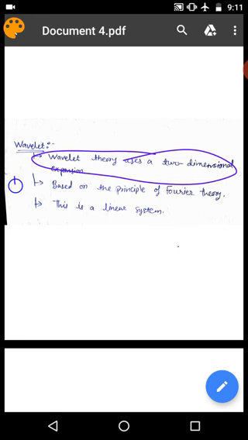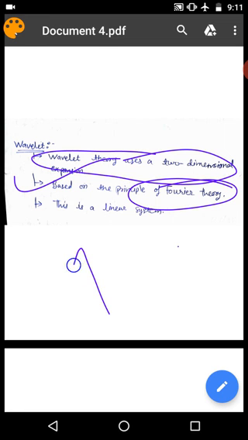It is based on the same principle as Fourier theory. The wavelet transform calculates the inner product of a signal with a set of basis functions to find the coefficients that represent the signal.